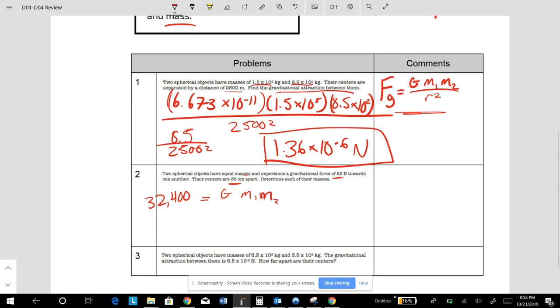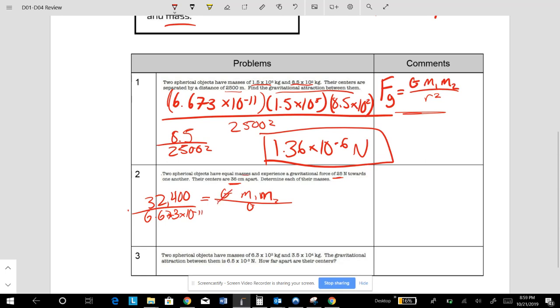And then we know what G is. We know that G is going to be 6.673 times 10 to the negative 11th because it always is. So we're actually going to divide G out and then divide this by G, which is 6.673 times 10 to the negative 11th, right?